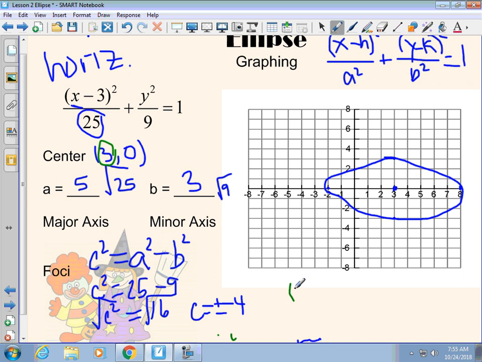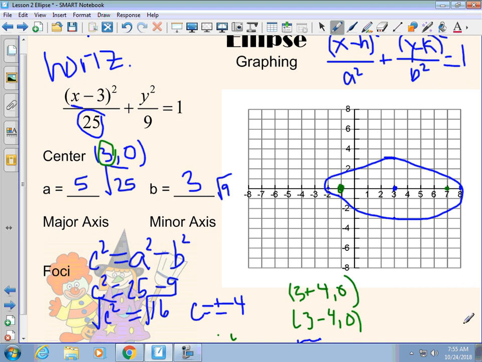So it's going to be 3 plus 4, comma 0, and 3 minus 4, comma 0. Okay, so 3 plus 4 is 7, so I have a foci at 7. And then 3 minus 4 is -1, so I got a foci there at -1.